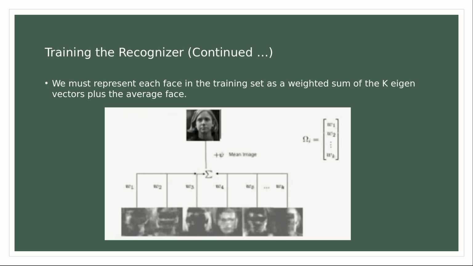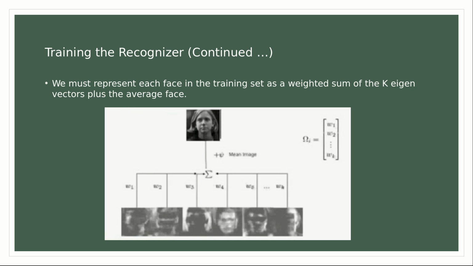So once we have found the k eigenfaces, we represent each face image in the training set as a weighted sum of the eigenfaces plus the mean image. As we can see from the picture, the first eigenface contributes W1% to the top image.